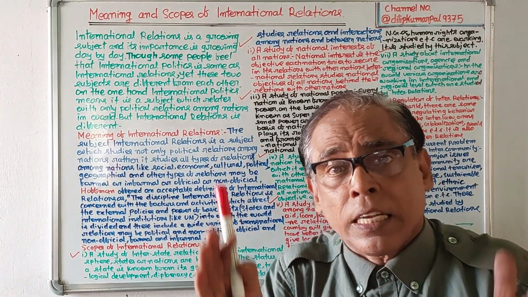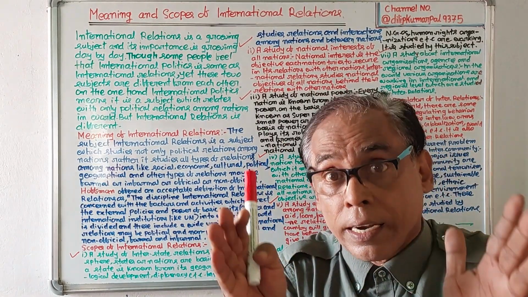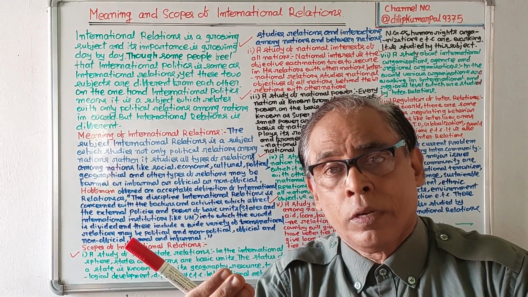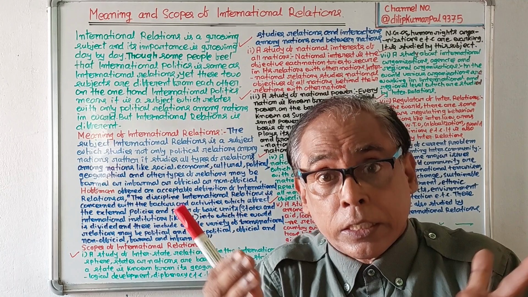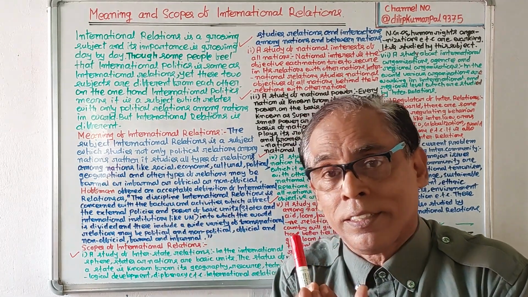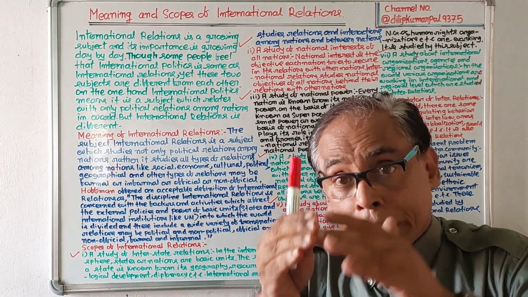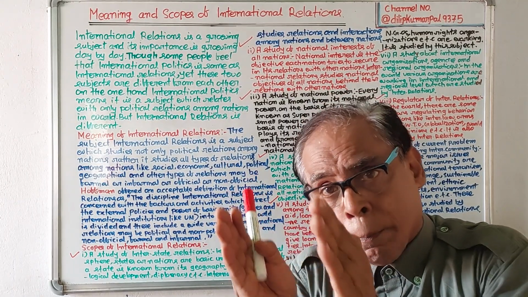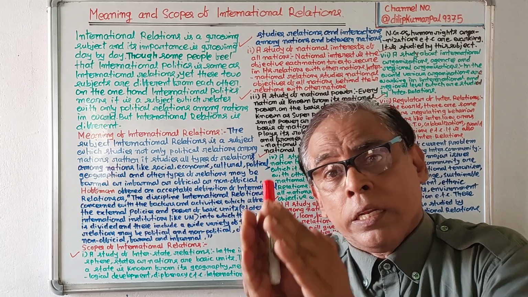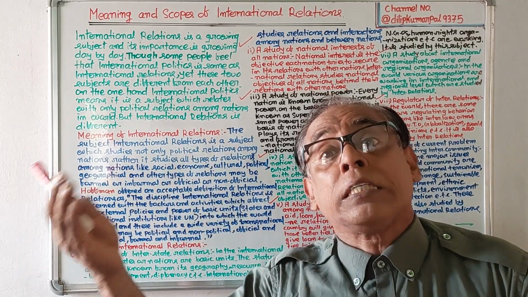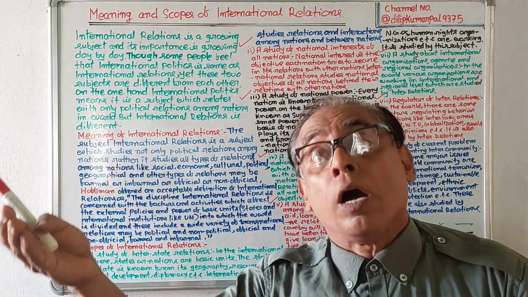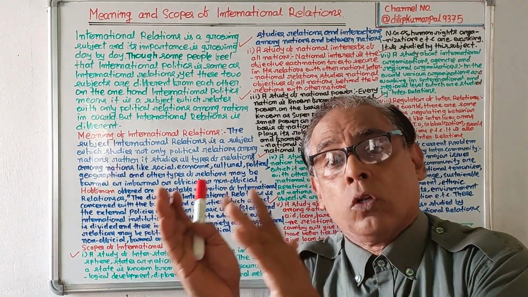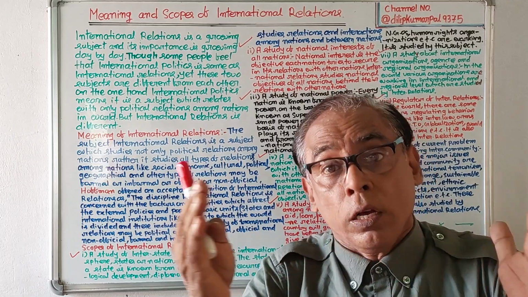So international relations studies not only the political relationship among or between nations, rather it studies social, economic, political, cultural, geographical and other types of relationship between or among nations, may be official or non-official or formal or informal.